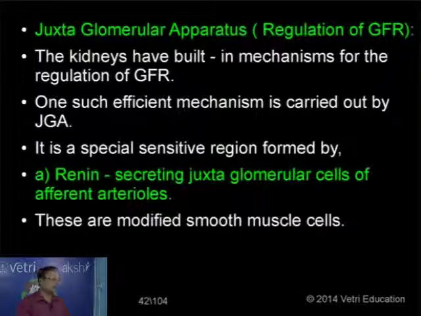That is the juxtaglomerular cells. These cells are normally found in the wall of the afferent arterioles, modified smooth muscles responsible for the secretion of one hormone by name renin.